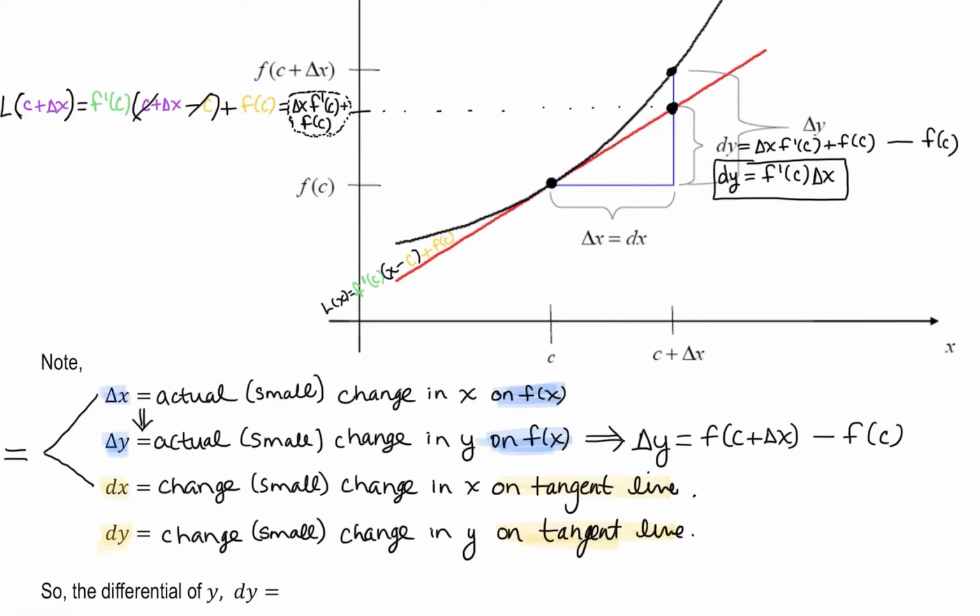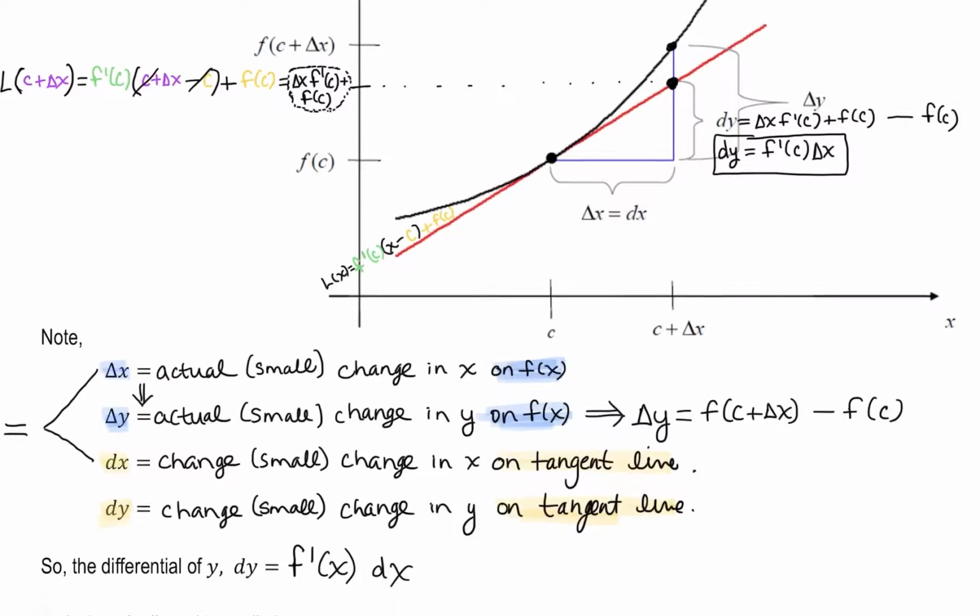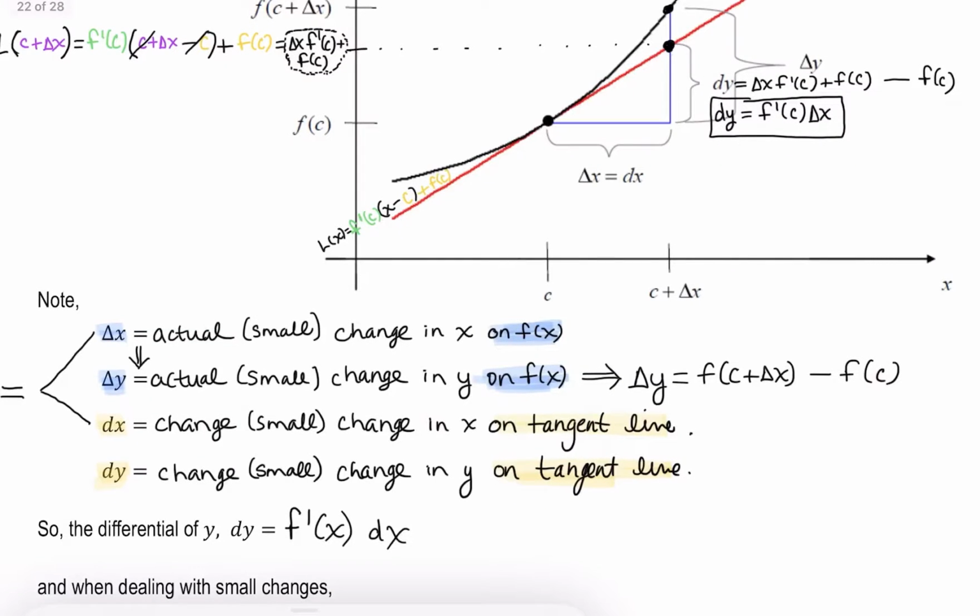So how we're going to write this is dy equals f prime of x dx. Okay, so that is where we get this from. That is the most important piece of this whole thing that we now have to be able to use and work with.